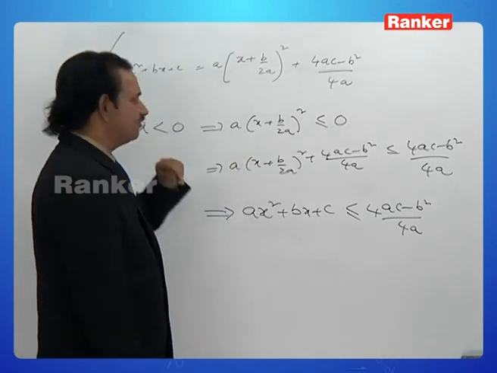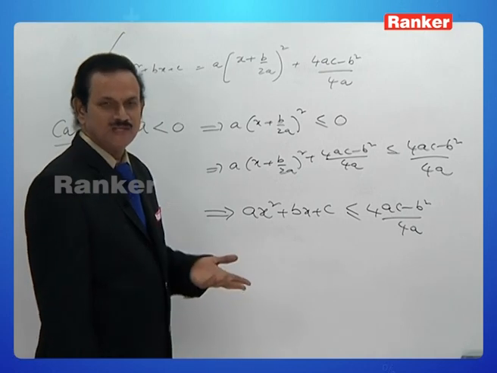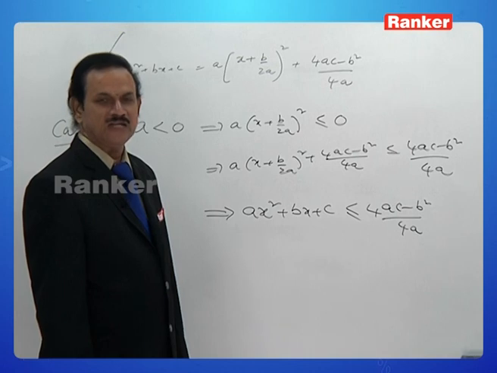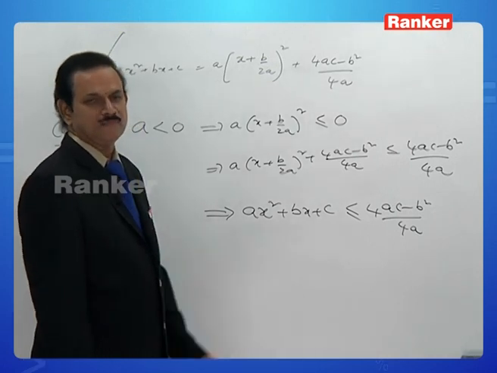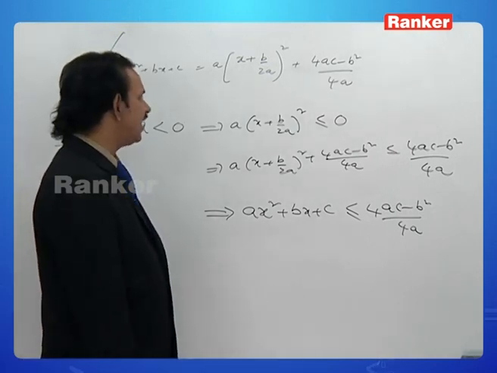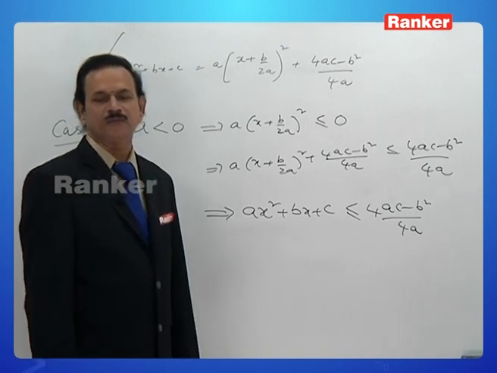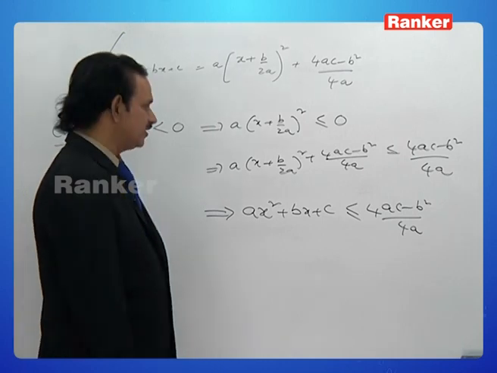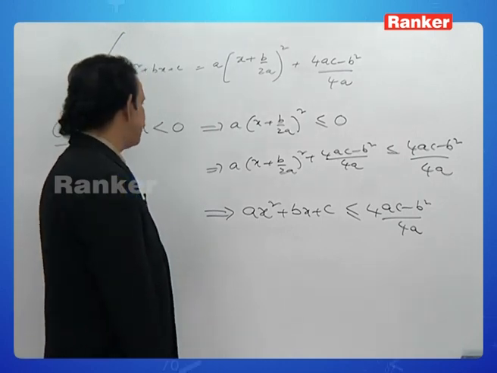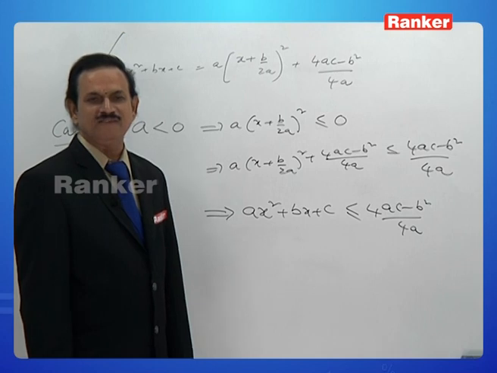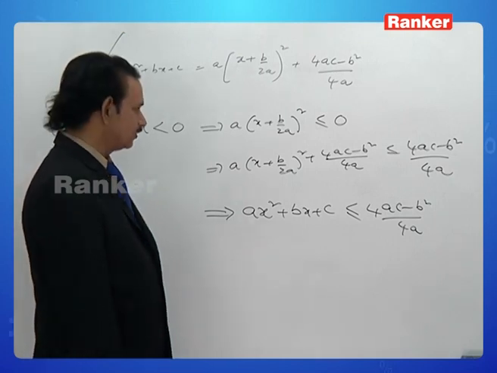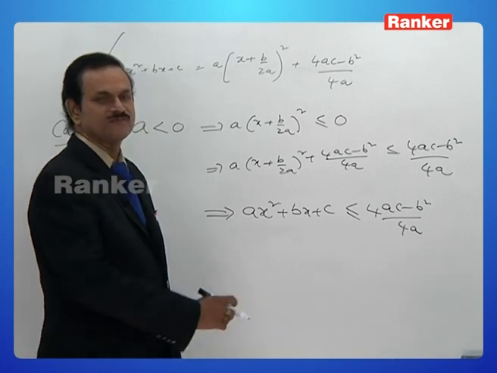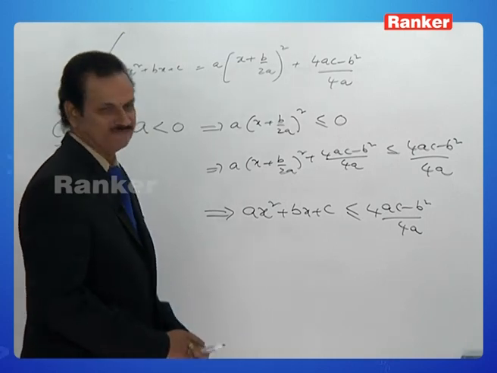If a is greater than 0, this expression has the minimum value, and both the values are of course (4ac minus b square) by 4a, and the maximum or the minimum will be attained only at x is equal to minus b by 2a. The only thing that you have to recollect is it is the maximum value when a is less than 0 and it is the minimum value when a is greater than 0. Well, let us express the same in view of a graph.